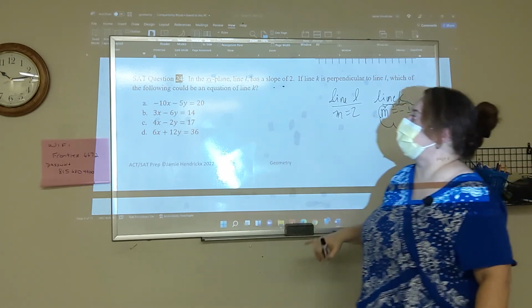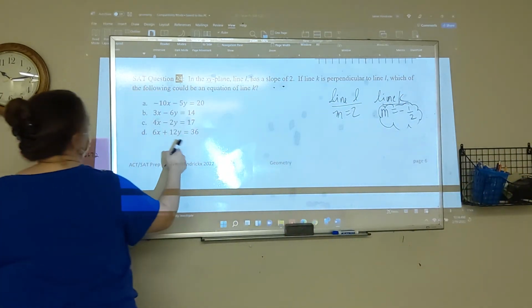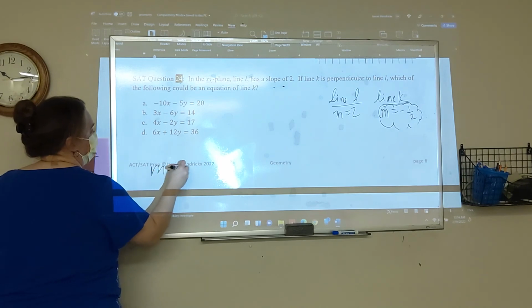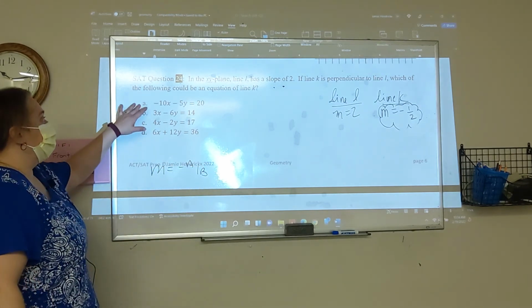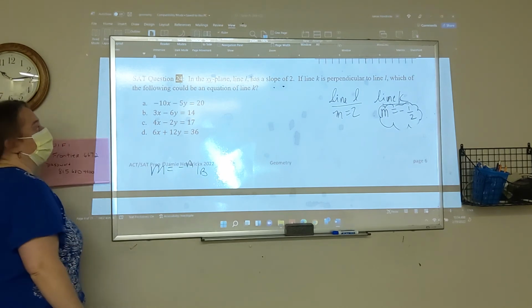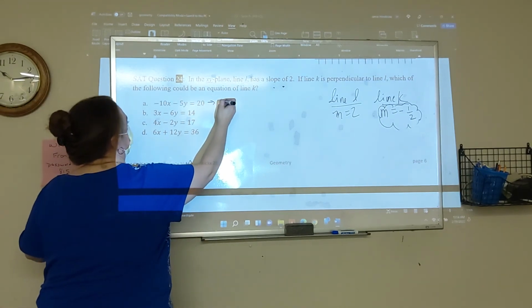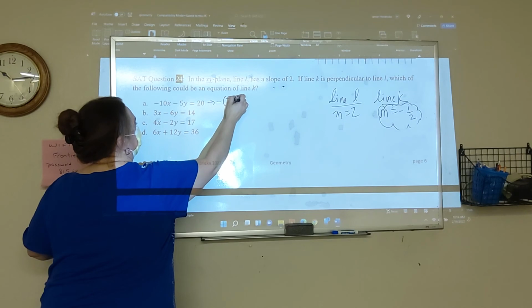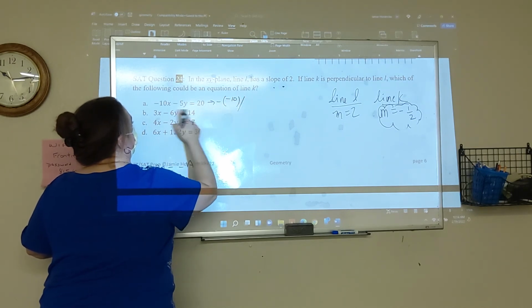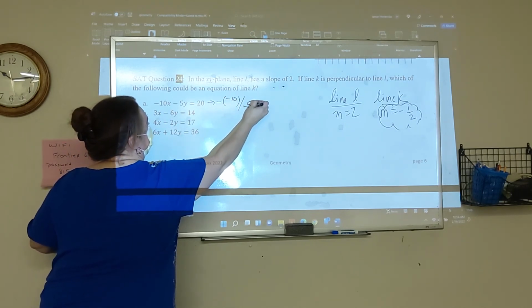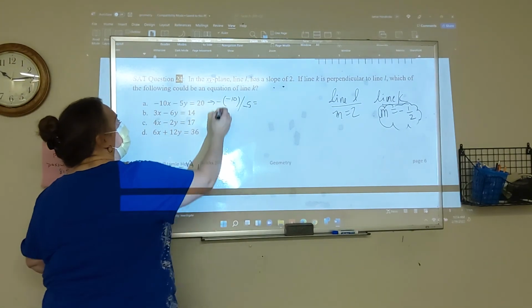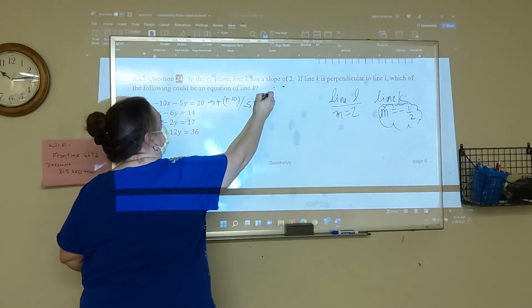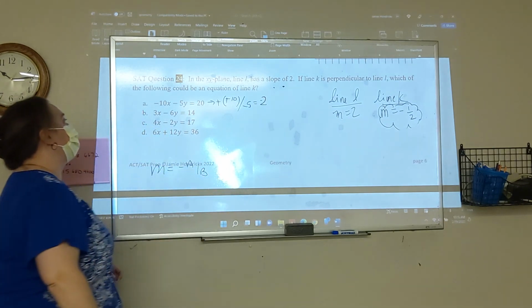So if we're shooting for -1/2, let's go to our equations. And again, apply that shortcut, m equals -a over b. For A, -a over b is going to be -10 over -5. That's a lot of negatives. So negative over negative is positive, so positive 10 over 5 is going to be 2, not -1/2.